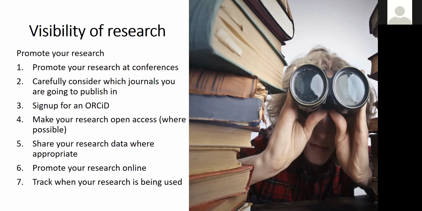Next, make your research open access where possible. Open access publishing makes scholarly work available online, free for anyone to find and read. So this is as important. The potential readership of an open access article is far greater than for articles where the full text is restricted to subscribers. So making your research open access will make it more visible.